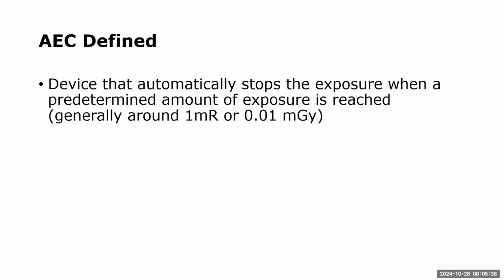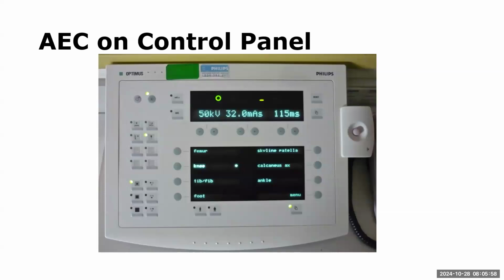So you're going to hear this, and we're going to talk about this over and over and over again while we're talking about AEC, talking about meeting this preset amount of exposure or a preset charge that sends a signal to the timer to shut off. That's a big part of understanding how the AEC works.